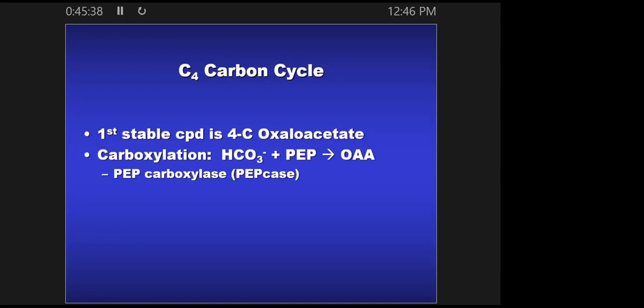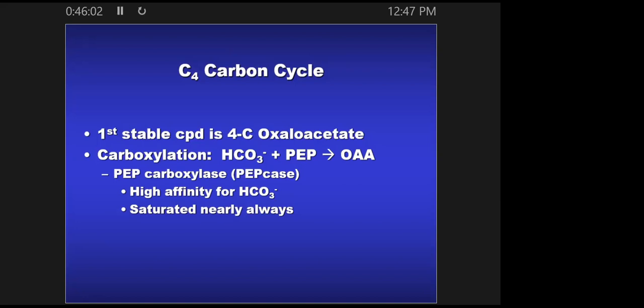The PEP carboxylase enzyme runs that reaction and it's very picky. It only likes PEP and CO2. The fancy way to say that is it has a high binding affinity for CO2 and doesn't care about oxygen. Another thing they report when they do the kinetics of the enzyme is that it's saturated nearly always, which just means that it's very, very efficient at taking in CO2.